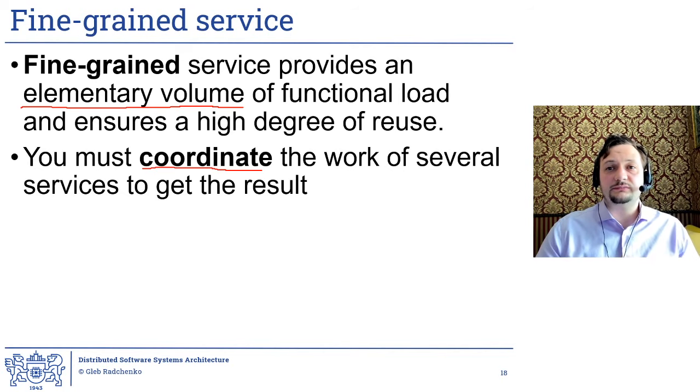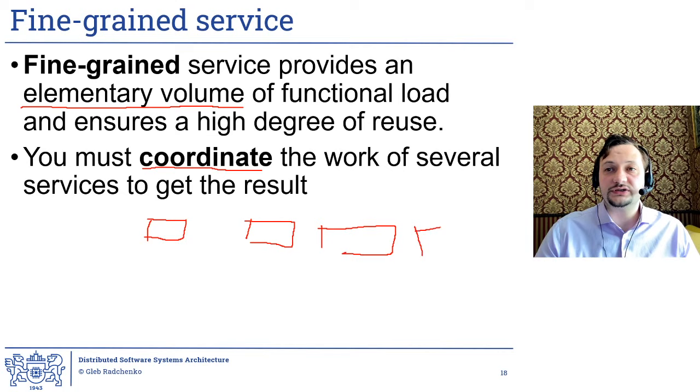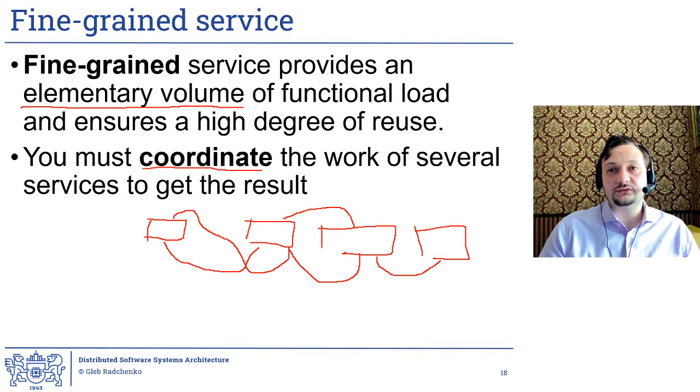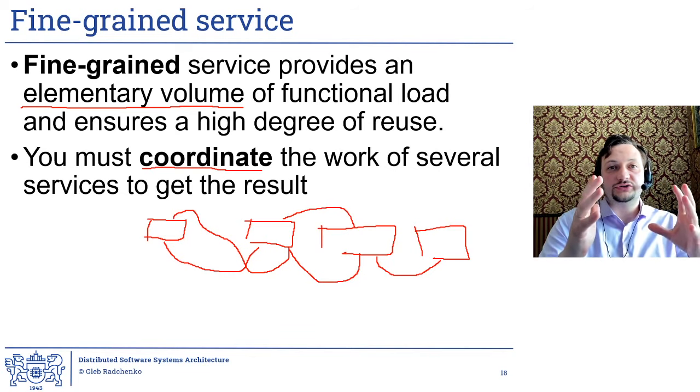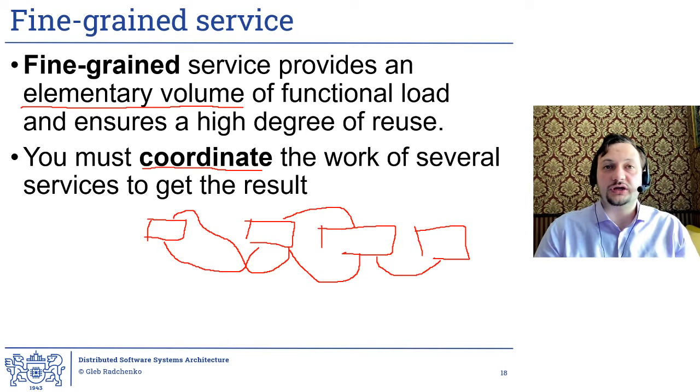This is the most common way to organize the work of so-called microservice systems, where we have a set of small services, and to organize the implementation of some kind of work, we need to orchestrate several services to work as one big orchestra to implement the functionality that we want.